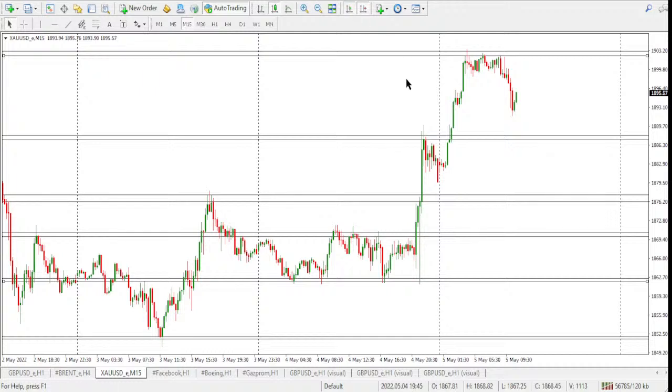So you may interpret this as a head and shoulders formation. Let me draw that. Have that there. Then I have this one, and then I have this one, and then I have this one.